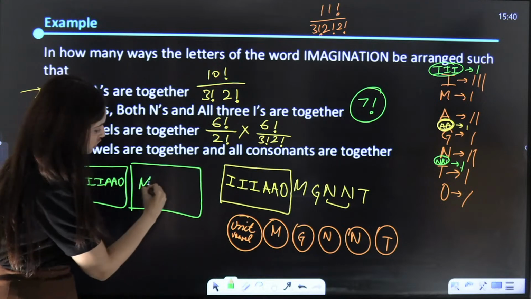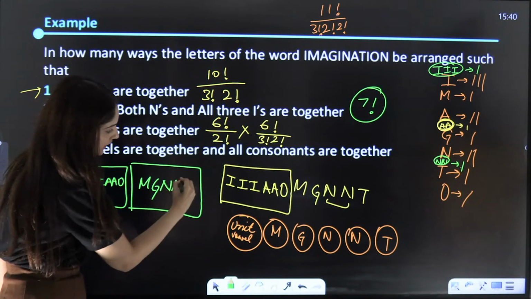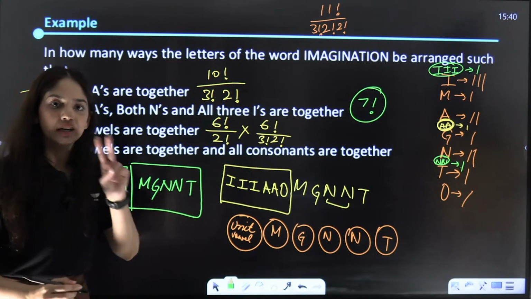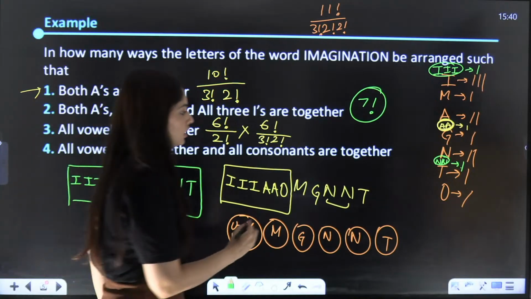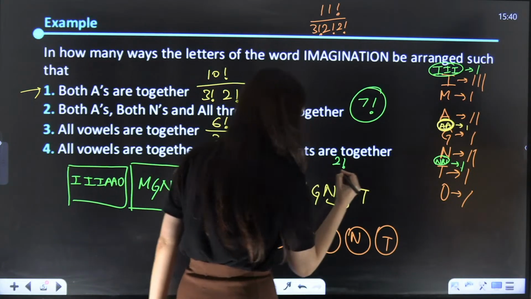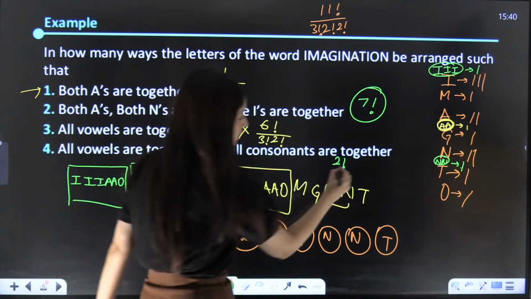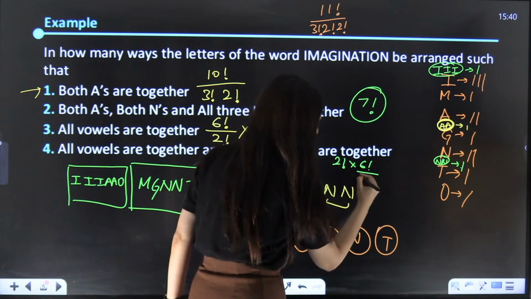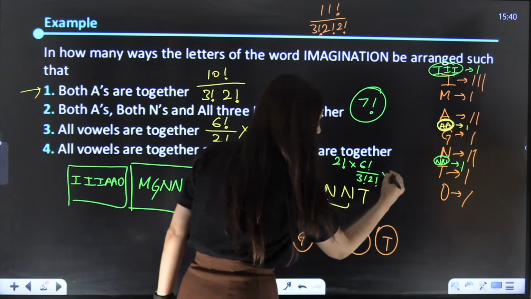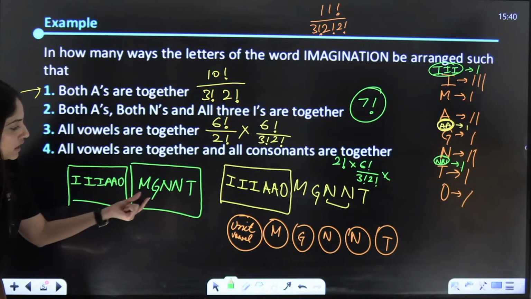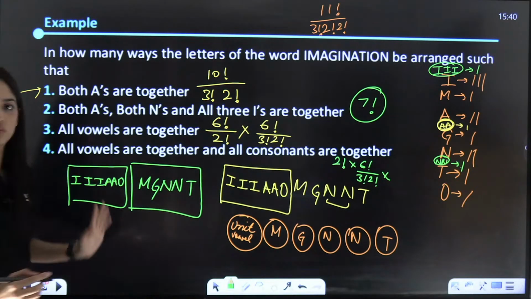So M, G, N, and T. Now we have 2 units. So 2 factorial. Within first unit, how many arrangements can be there? 6 factorial by 3 factorial, 2 factorial. Within the second unit, 5 factorial by 2 factorial.